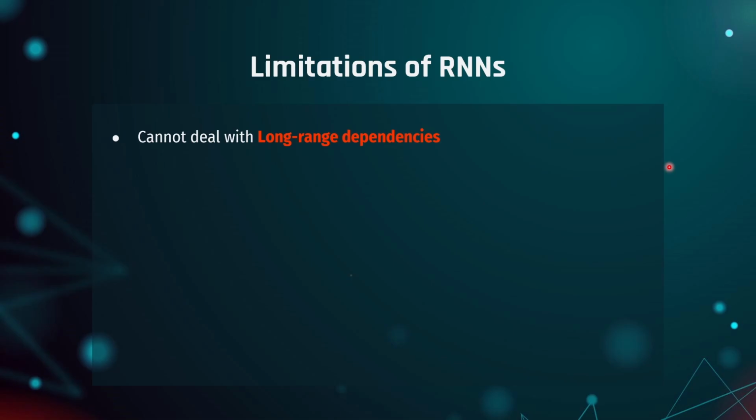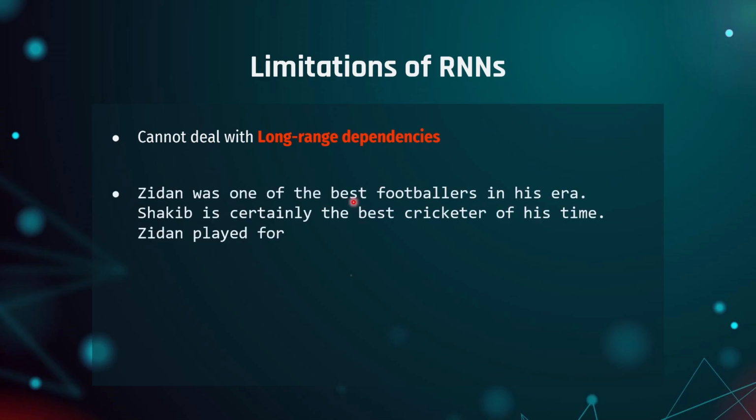But what was the 10th word that it encountered before, it might not remember. Let's take this example. We all know Zidane was a star player for France, right? He was one of the best footballers in his era. Shakib is certainly the best cricketer of his time.